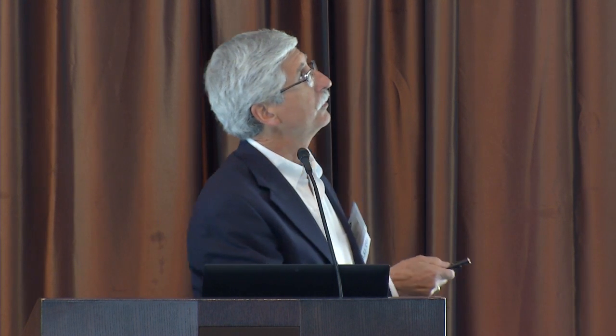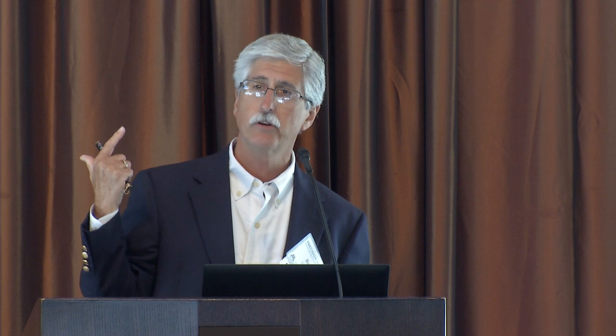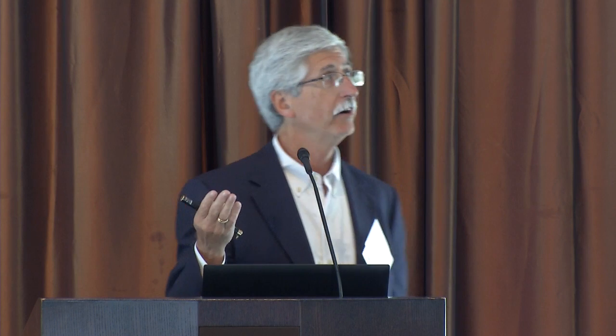We know, for example, that about 5 to 10% of European Caucasians have the poor metabolic form of CYP2D6 with an activity score of 0. That is quite different in different ethnic groups. You can see the Asian populations tend to have a much lower frequency of that, and as was pointed out earlier, some Northern Africans have a very high level of ultrametabolism variants.